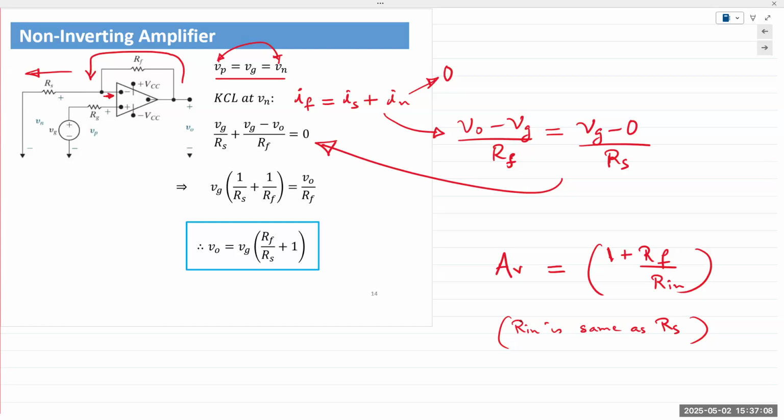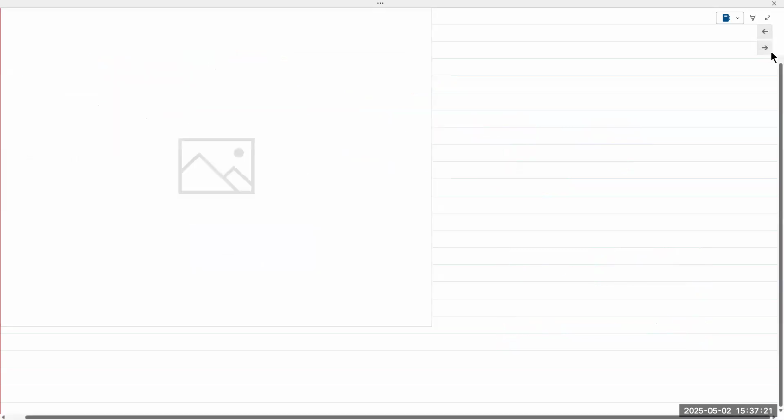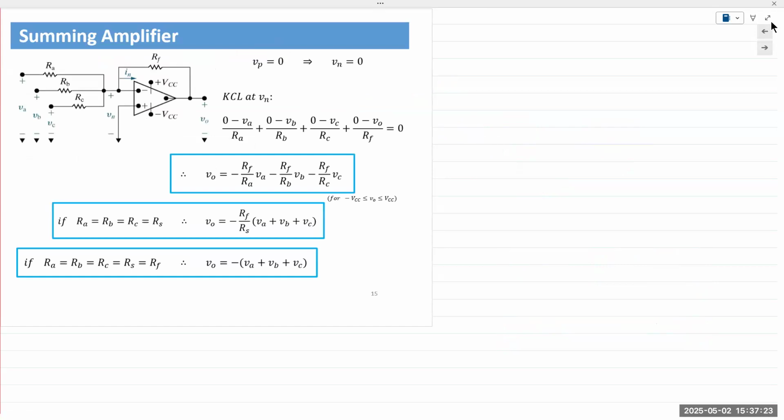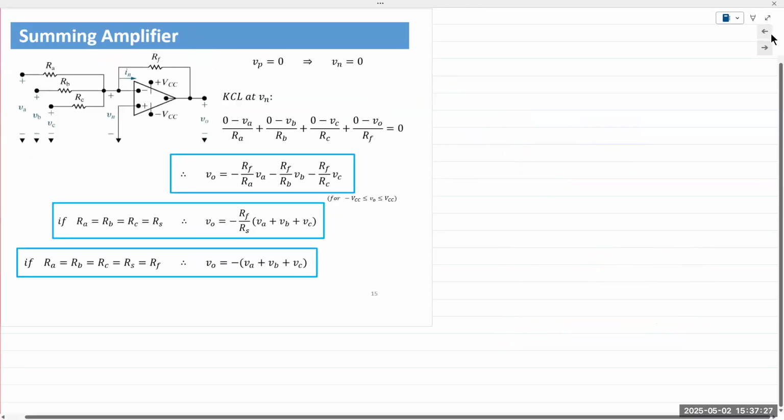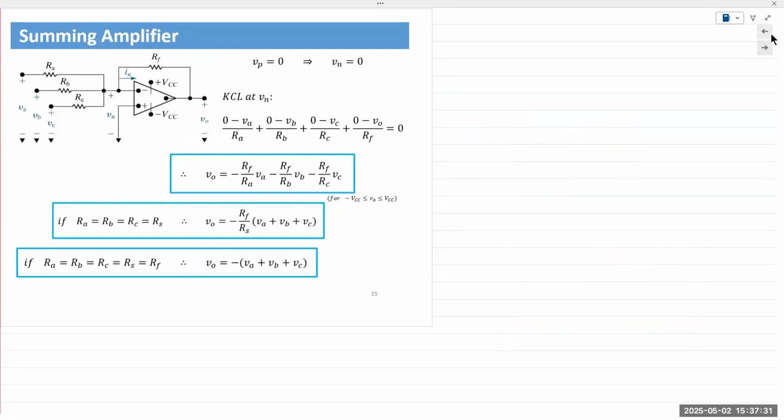So from non-inverting, let's go to the summing amplifier, and then there's a difference amplifier. Okay. So the summing amplifier is an inverting configuration.